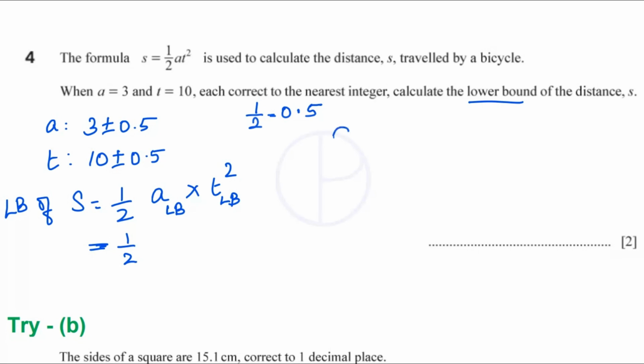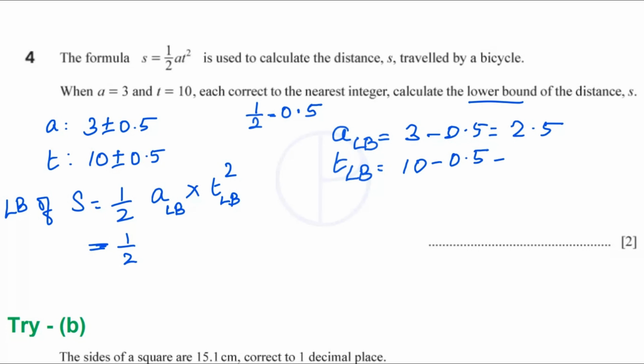So A lower bound is 3 minus 0.5, which is 2.5. And T lower bound is 10 minus 0.5, which is 9.5. So 1 over 2 multiplied by 2.5 multiplied by 9.5 square, which is equal to 112.8125.